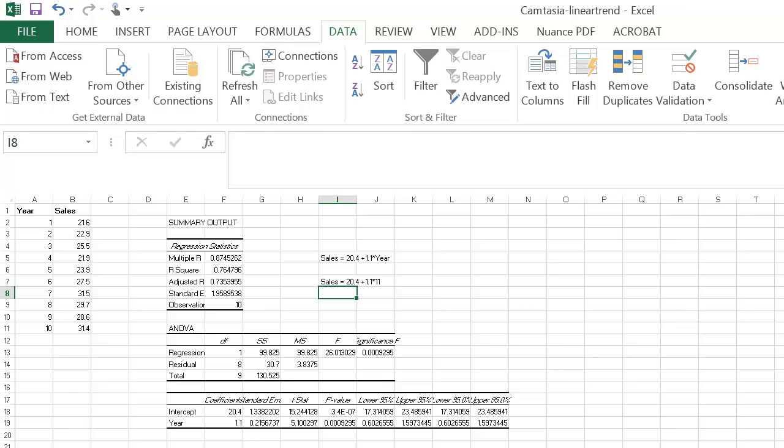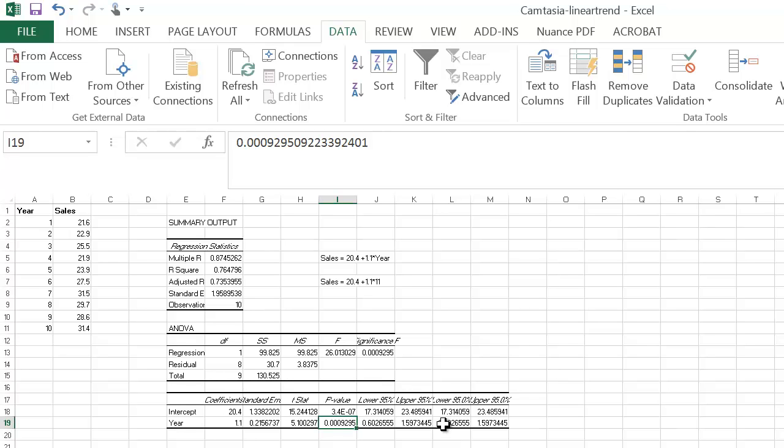And by the way, you would certainly look at the diagnostics of the regression. So I look at the p-value for the slope over here, which is 0.0009. It's highly significant even at the 1% level, which tells me it's highly unlikely that the true slope of the trend is 0. So I'm pretty confident that the slope I got is non-zero.